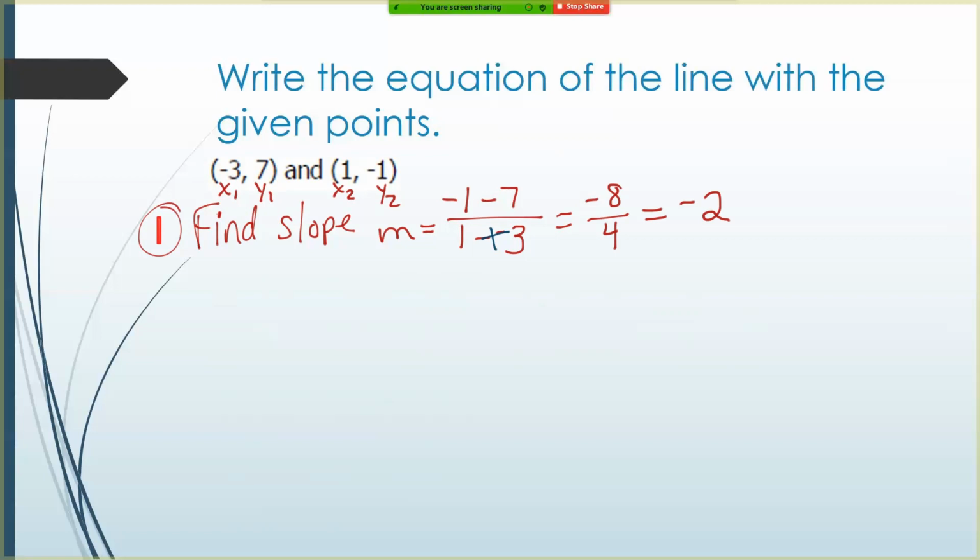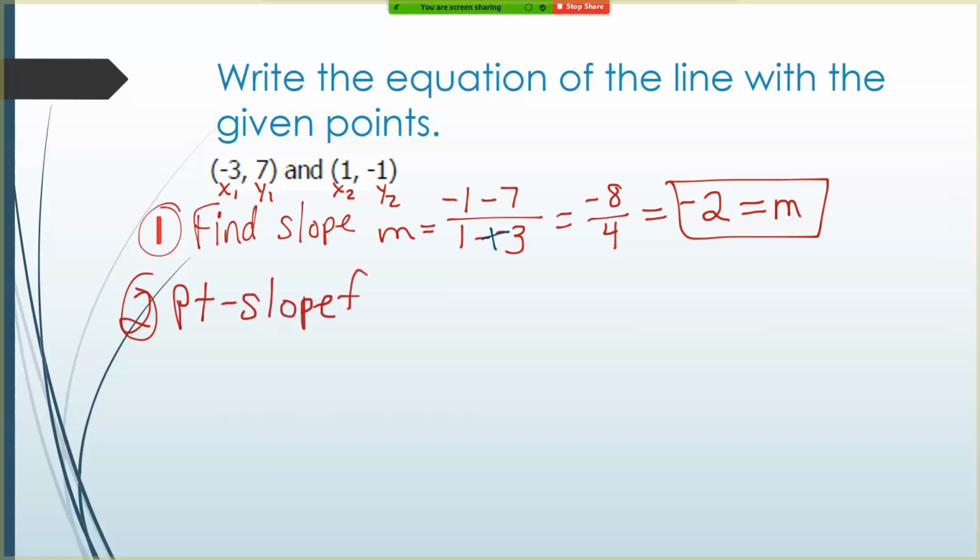So now we know that the slope is -2, and we already have 2 points. So now we're going to go back to what we did on the last slide and calculate point slope form. I'm just going to use that first point because it's already labeled. So second, we're going to use point slope form.